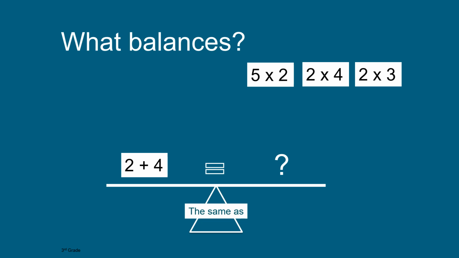Which one is the same as or equal to 2 plus 4? Did you say that 2 times 3 is the same as 2 plus 4? Good for you! Yes, 2 plus 4 equals 2 times 3 because both sides are 6.